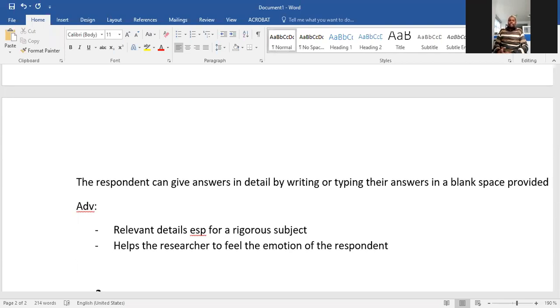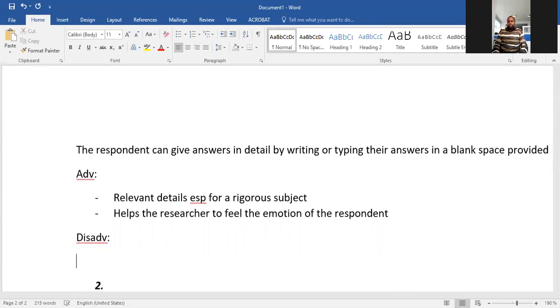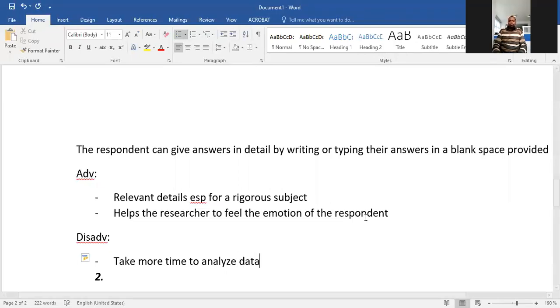So open-ended has also some disadvantages. Some of the disadvantages of open-ended questions: it may take more time to analyze data. Why is that so? It will take more time because you have to sift all that information, like the way you would sift maize and remove the fiber.